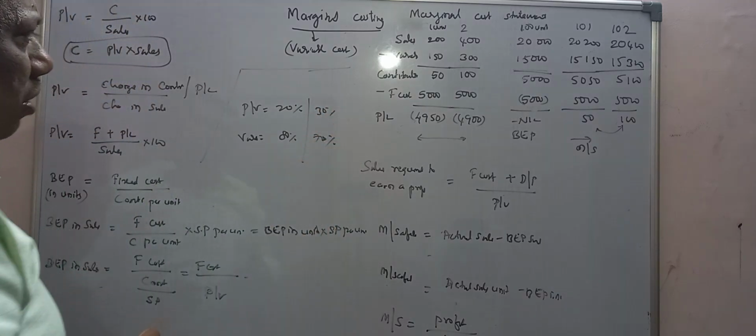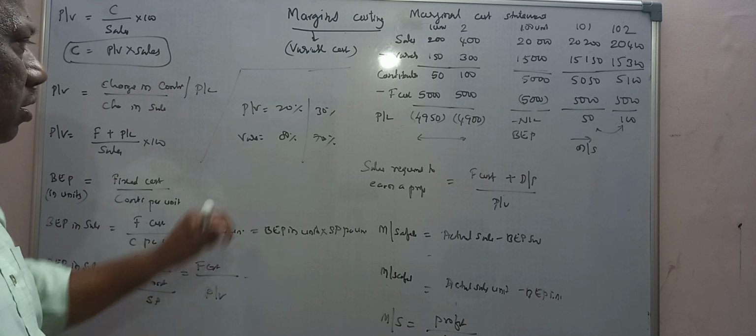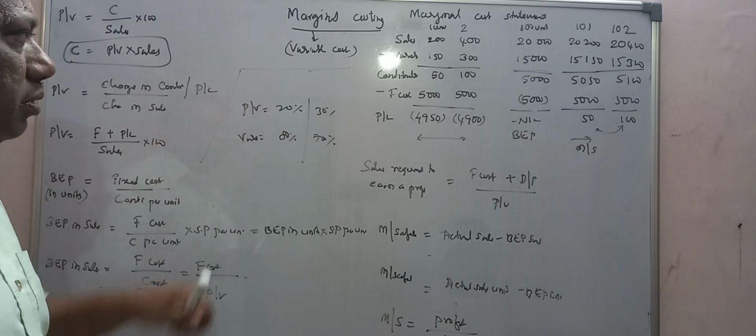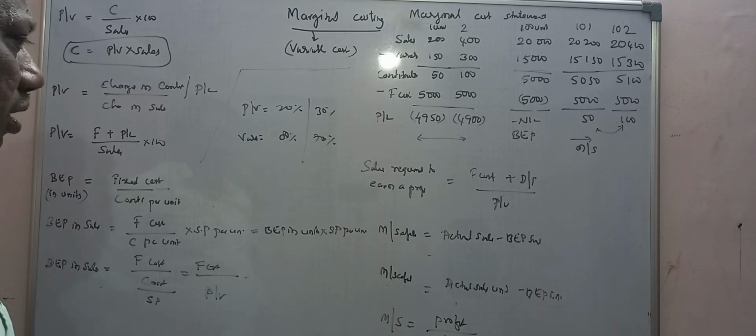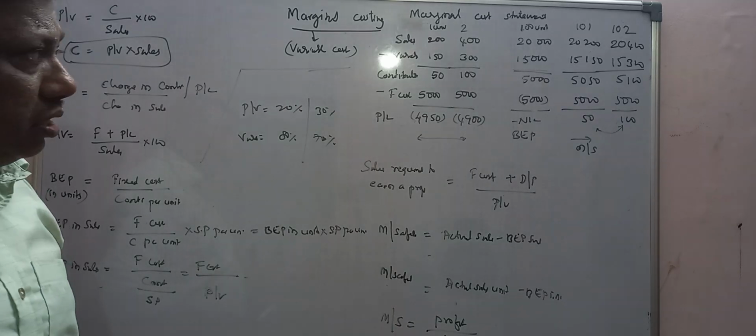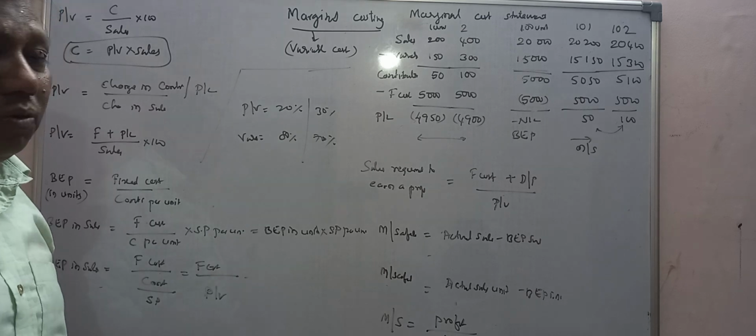So this is one more formula. If you know variable cost, we can calculate PV. This whole thing depends on variable cost only. Maybe you are getting something in this concept. Next we solve one question only.